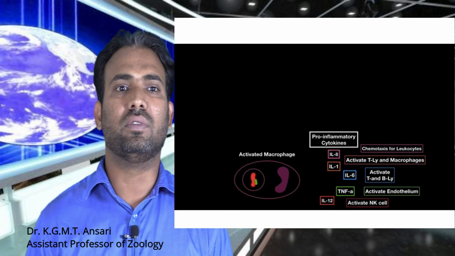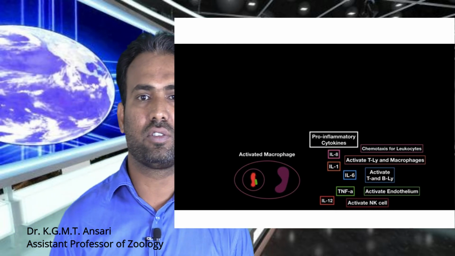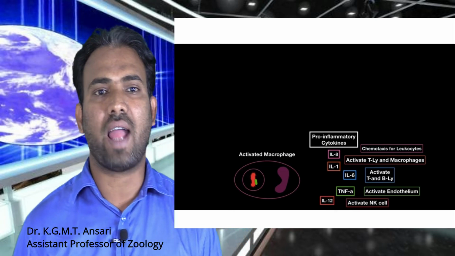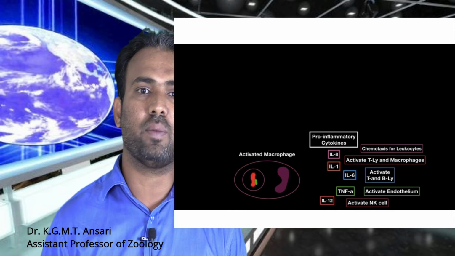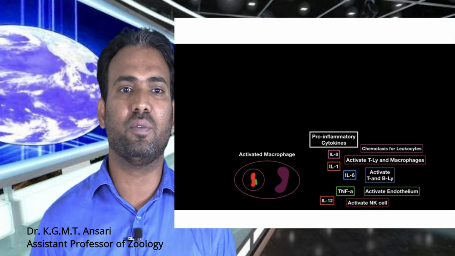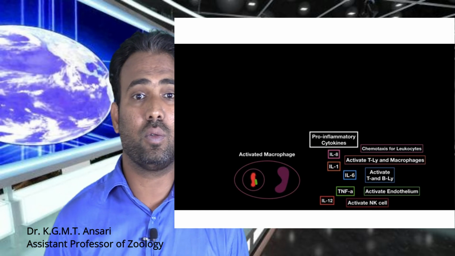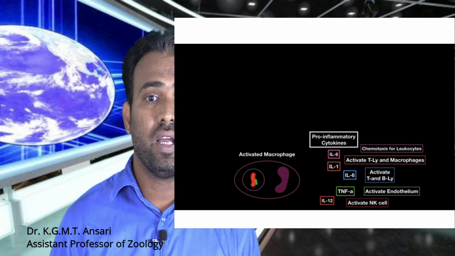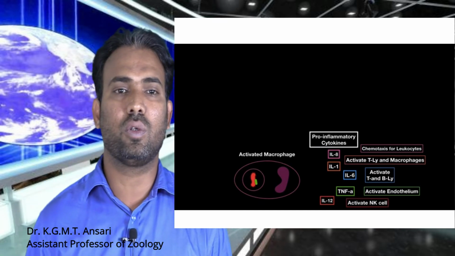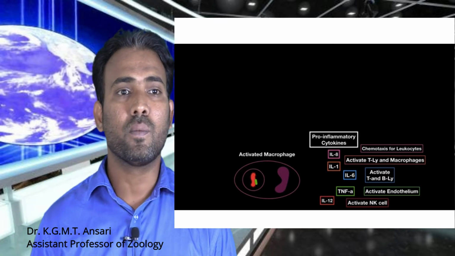Interleukin 8 is a chemotactic factor for leukocytes, interleukin 1 activates T lymphocytes and macrophages, and interleukin 6 activates T and B lymphocytes. TNF-alpha activates endothelial cells, and interleukin 12 activates natural killer cells.